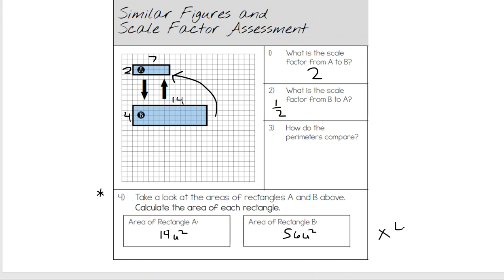So the area was 4 times as big to go from A to B, and it was 1/4 as big to go from B to A.